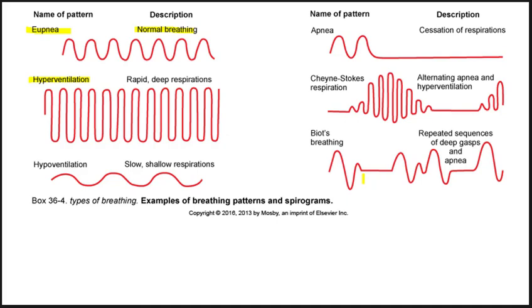Some people that have COPD are prone to hyperventilating, this rapid, deep breathing. When a person hyperventilates, we know that it causes a decrease in the amount of carbon dioxide in the blood, but that might be a little bit delayed in someone with COPD if they're already experiencing hypercapnia, which is higher levels of carbon dioxide in the blood.